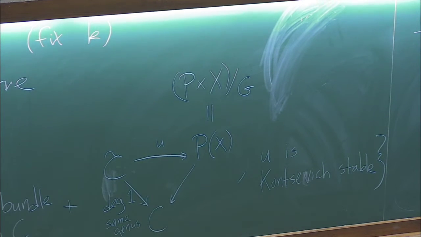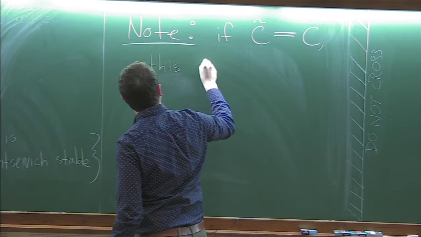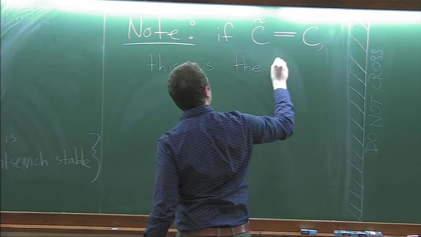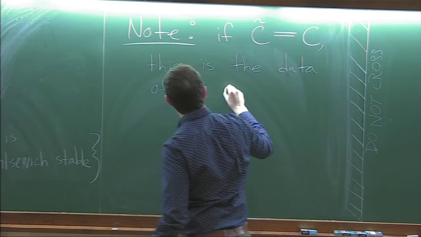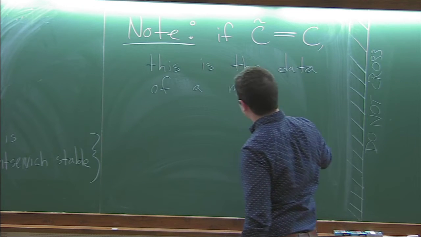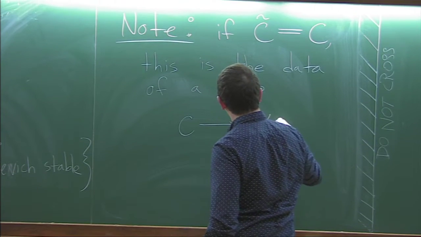So if C tilde is actually equal to C, then this is the same data of a map C to X mod G, the quotient stack.